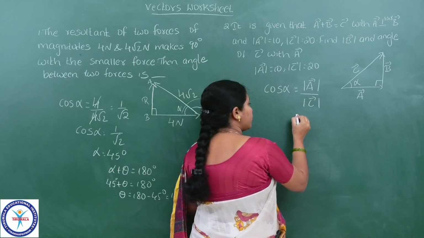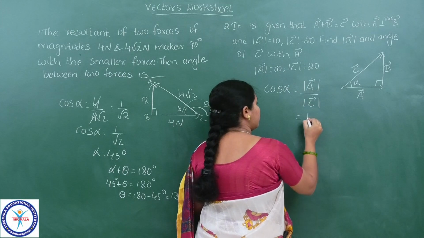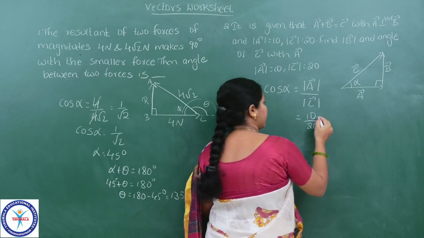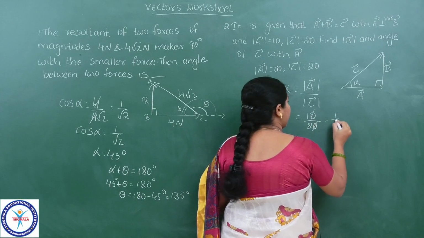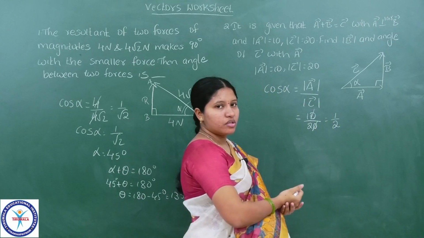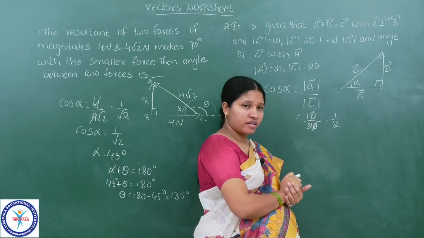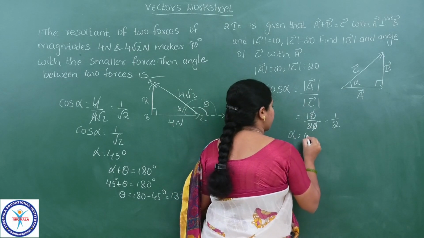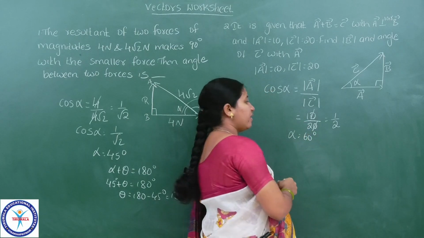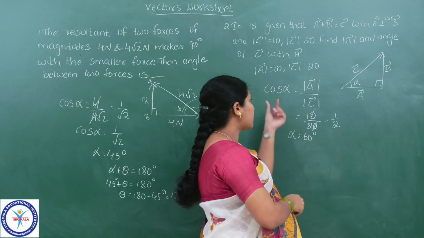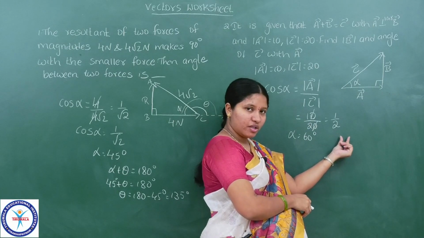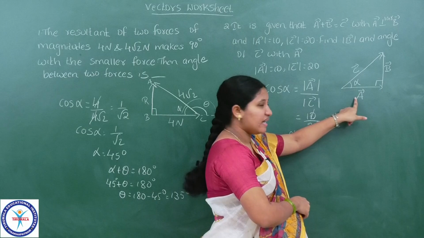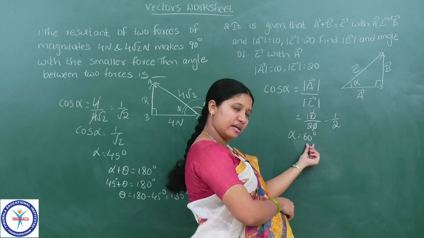On substituting the values, magnitude of A bar equal to 10 and magnitude of C bar equal to 20, we get 1 by 2. As cos alpha is equal to 1 by 2, we get alpha equal to 60 degrees. So the angle between C bar and A bar is 60 degrees.